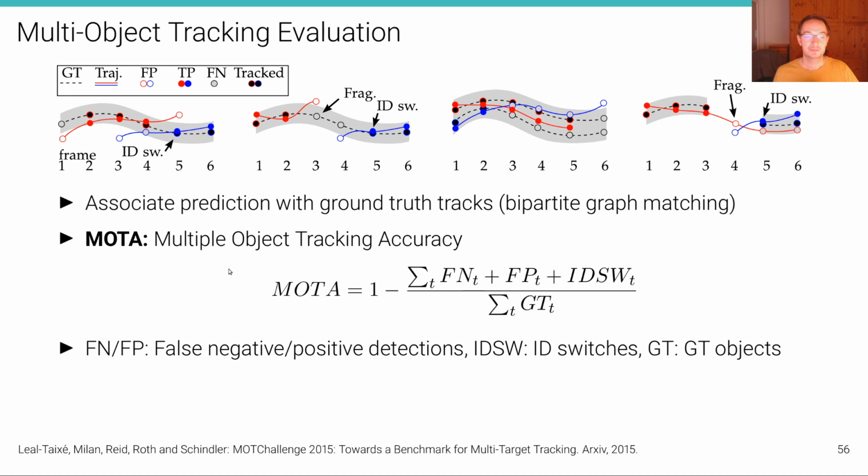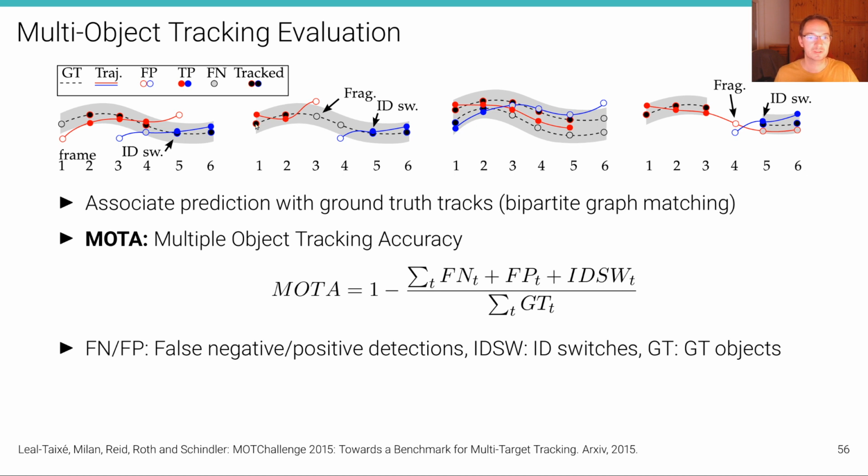And then by far the most prominent and oldest metric to evaluate tracking, which is not an easy task, is called MOTA, which is called Multiple Object Tracking Accuracy. And what it does is it produces a number that's 1 minus this expression here, where t is the index over the time dimension over all the frames. And we're counting the false negatives and the false positives and the ID switches.